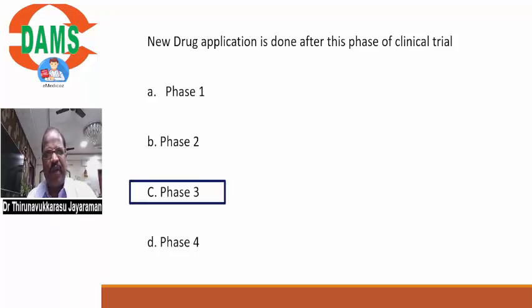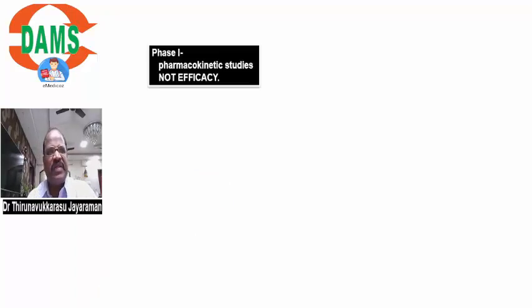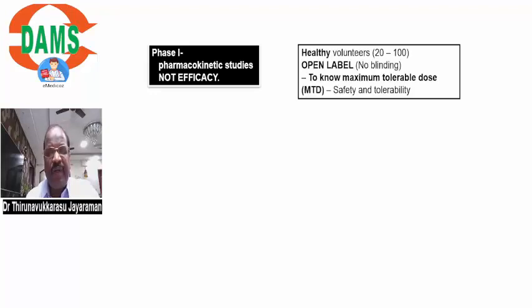So, a small introduction to all phases of clinical trial. The main phases in clinical trial, phase 1. It is about kinetic study where we are not assessing efficacy of the drug. Remember, we are not assessing efficacy. Since we are not assessing efficacy, here the participant is a healthy volunteer.